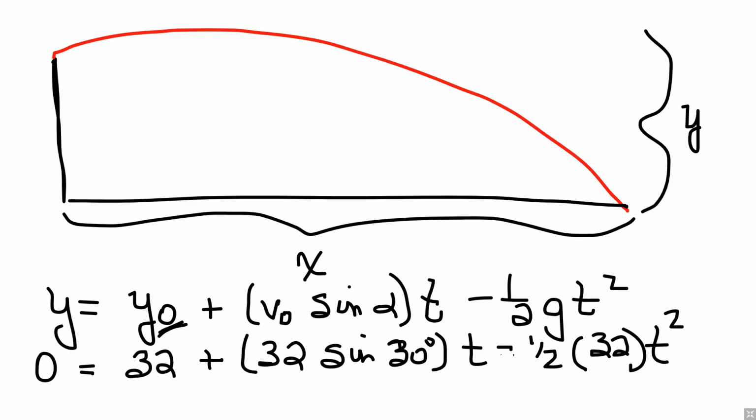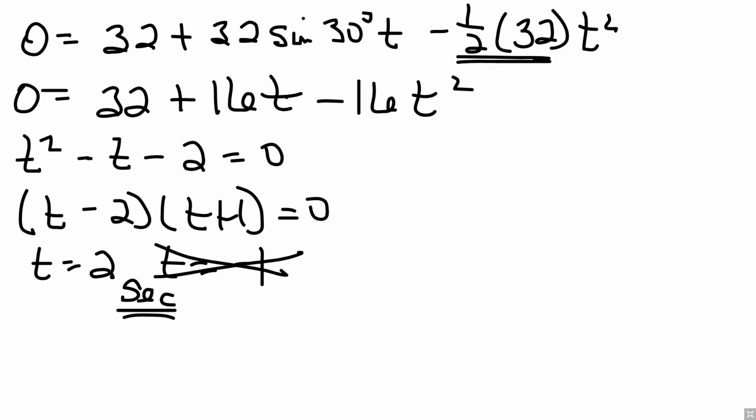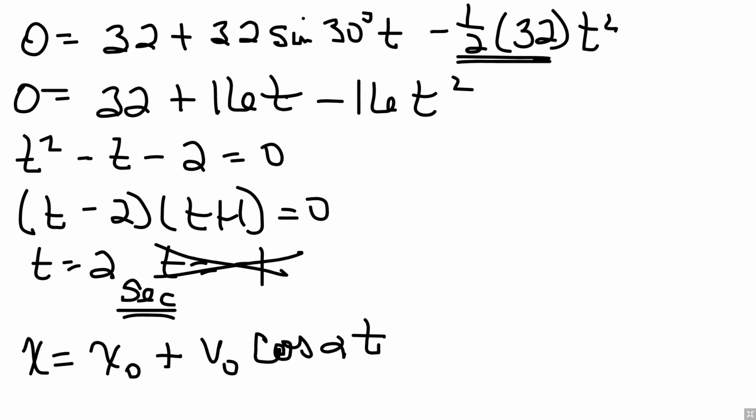On the how far, we are now going to be focusing on the horizontal distance. With the horizontal distance, in this case, x is equal to some initial x value plus v sub 0 times the cosine of alpha times t.